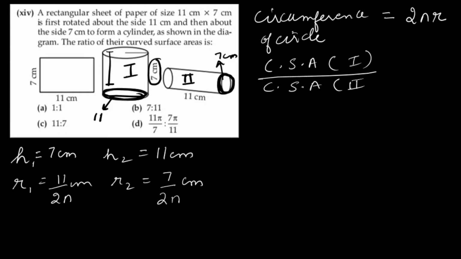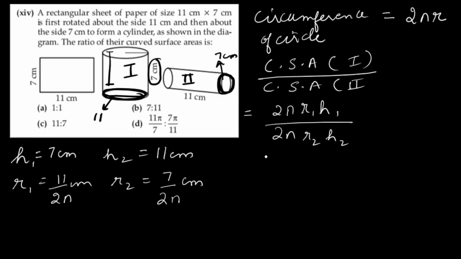So what's the formula of curved surface area of cylinder? So you don't remember mensuration formulas. 2 pi RH. Yes, it's 2 pi RH. So 2 pi R1 H1 over 2 pi R2 H2.